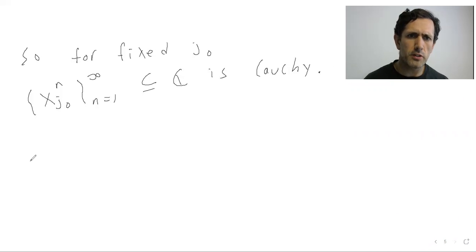So it converges. So let's say xj0 is this limit here.